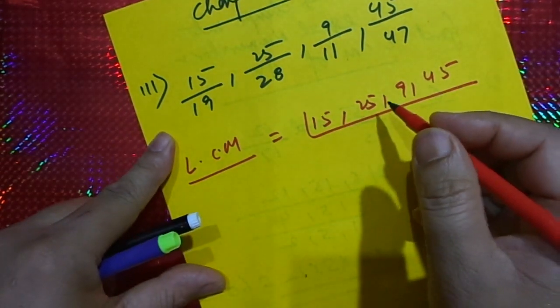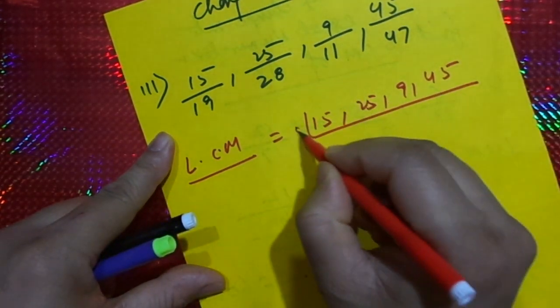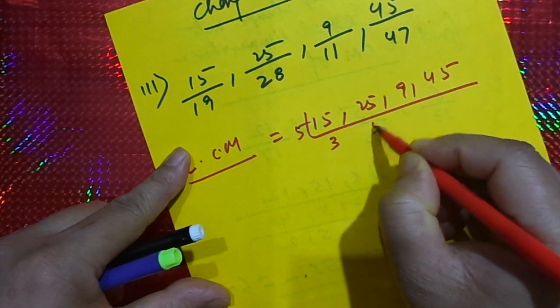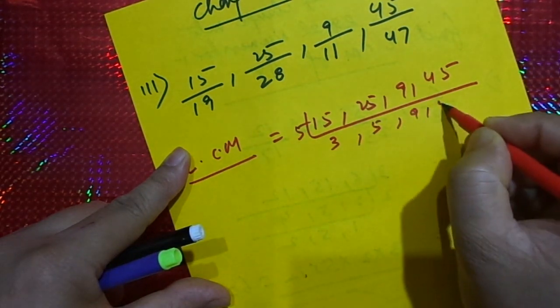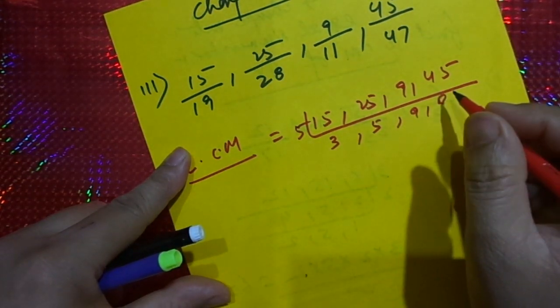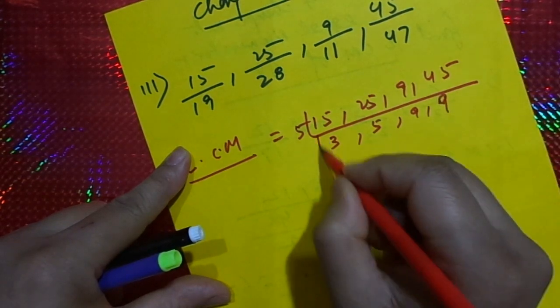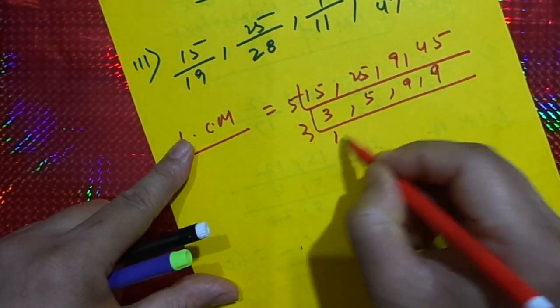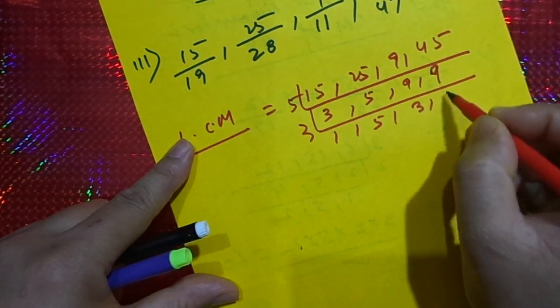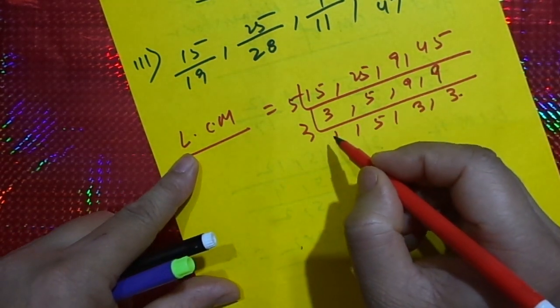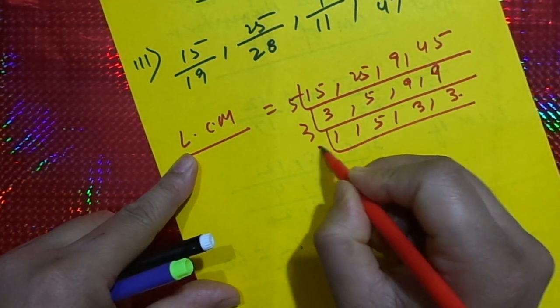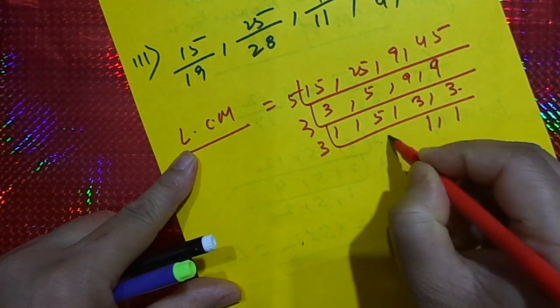That their LCM is, okay, 3 1 times 5, and finally I get here as 3 1 and 1.